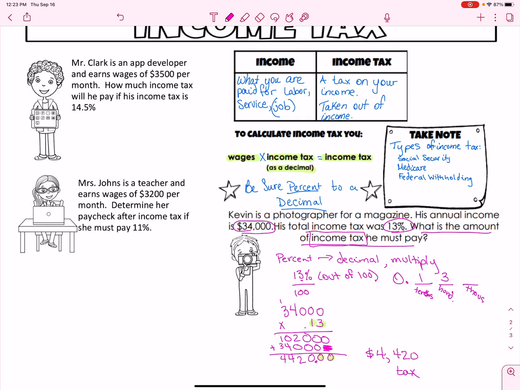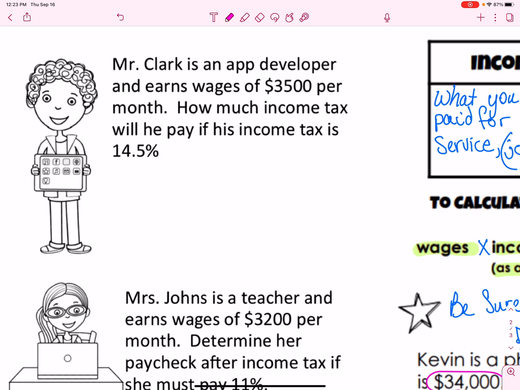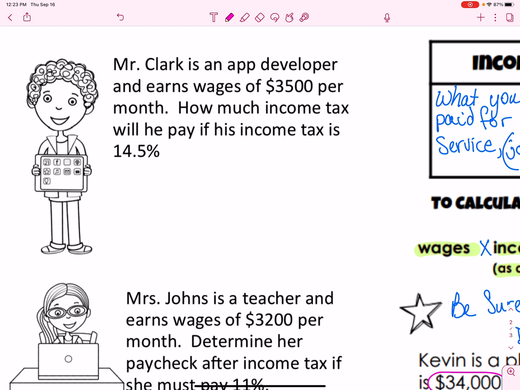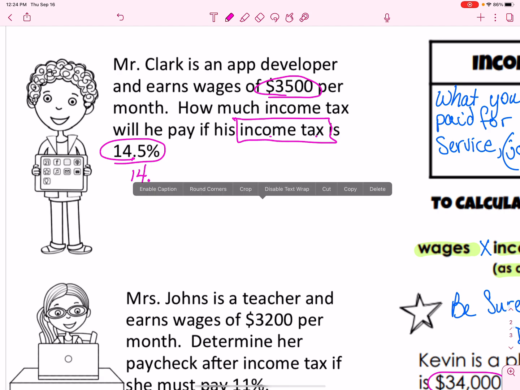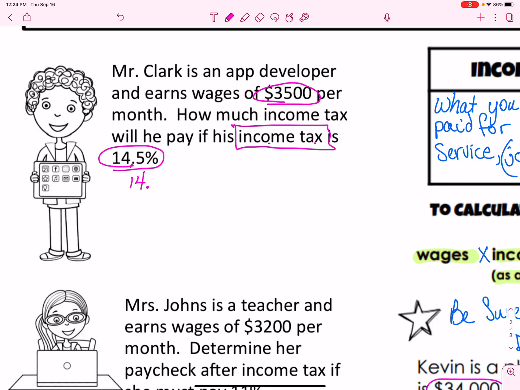Let's look at these examples up top to the left. Mr. Clark is an app developer and earns wages of $3,500 per month. How much income tax will he pay if his income tax is 14.5%? So income tax is our keyword here, and we need to turn this into a decimal. 14.5%.